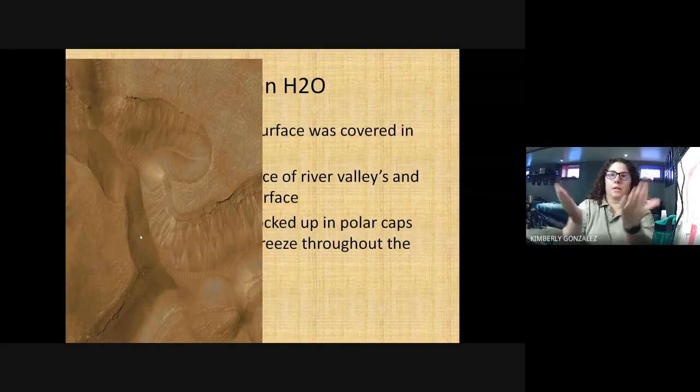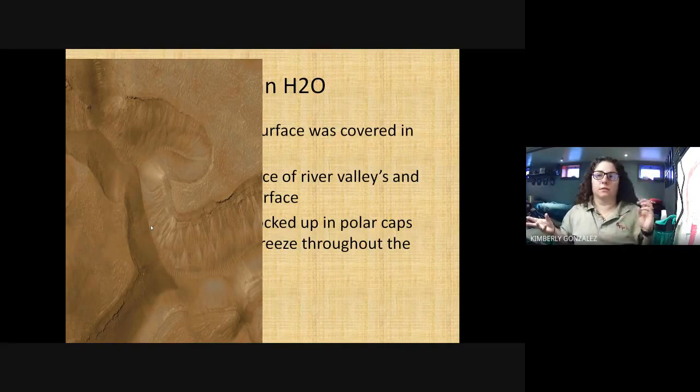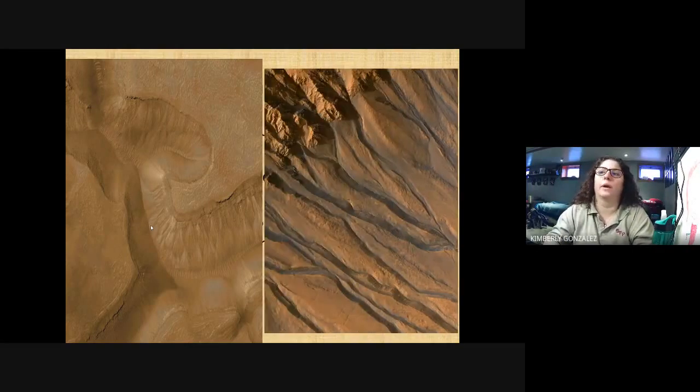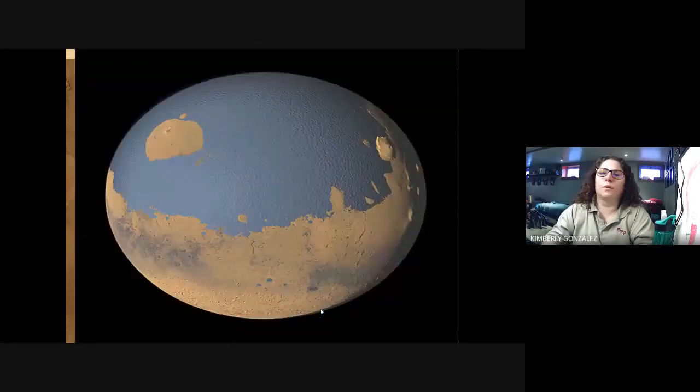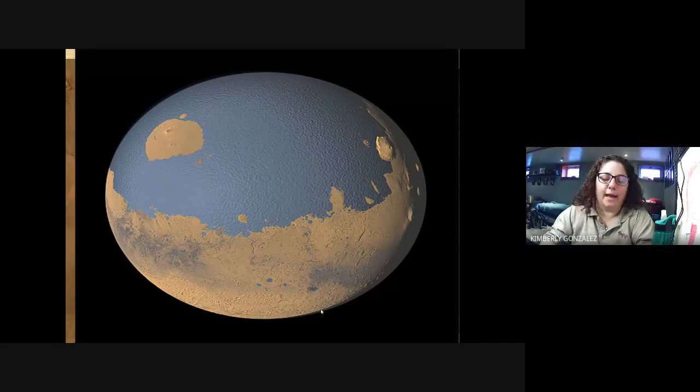You can also see, on either side here and here, a little bit over here, it actually wore away at the rock that was next to it. So the only thing that can do that in this particular way is water. Again, here we have that ripple effect, and we also have the channels that go down like this. So this is what they think that Mars looked like when it did have a lot of water on it.